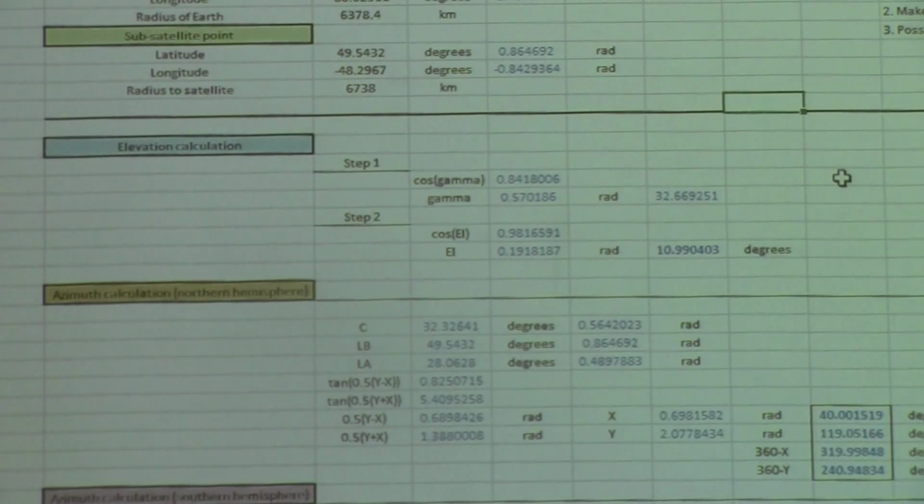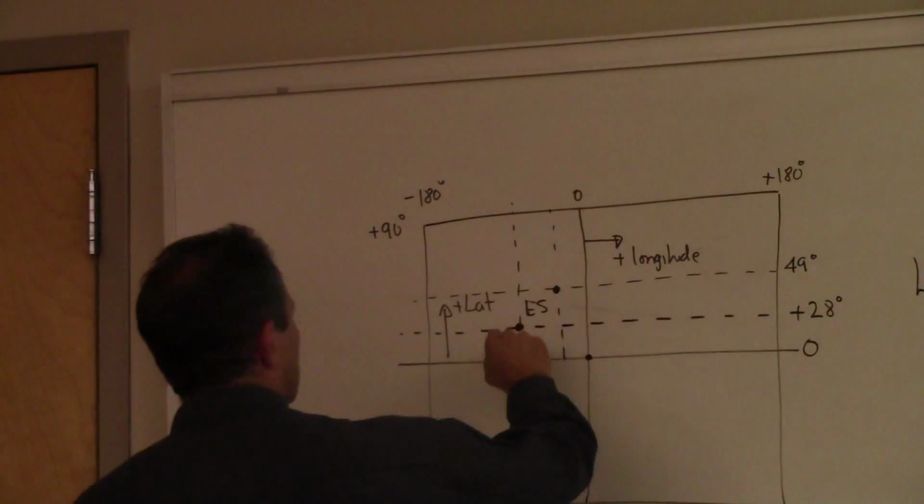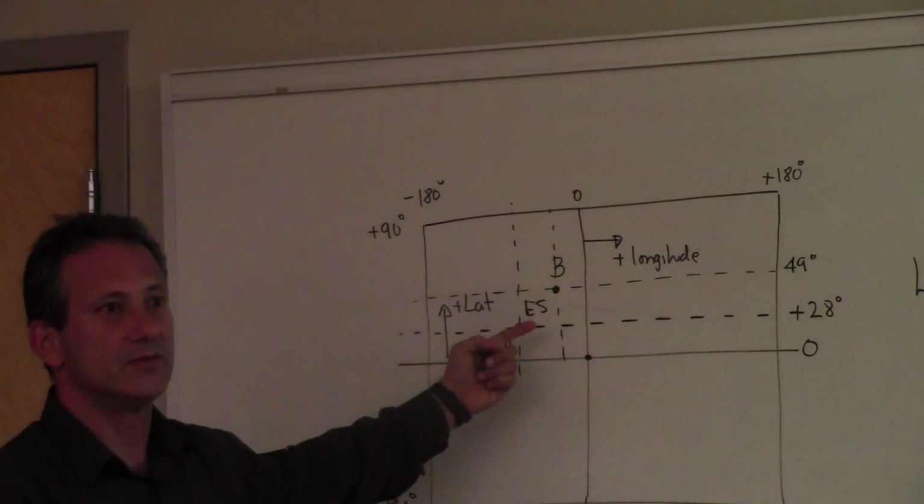Now, if you look at the azimuth calculations, we have to identify which case we are working with. We're looking at the case where this is going to be point A, this is going to be point B. We are in the northern hemisphere.